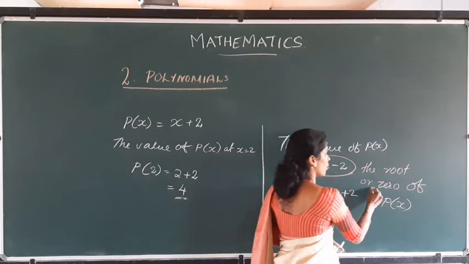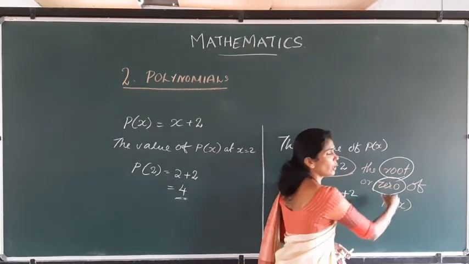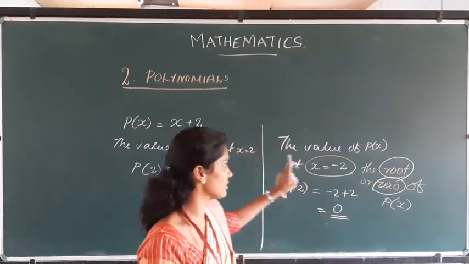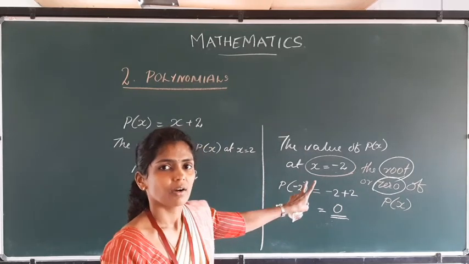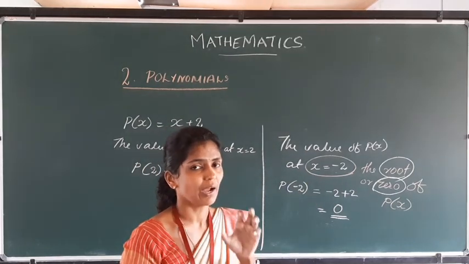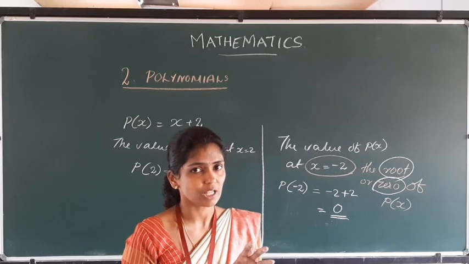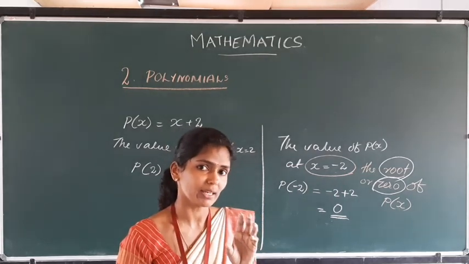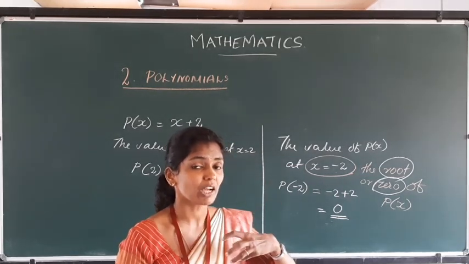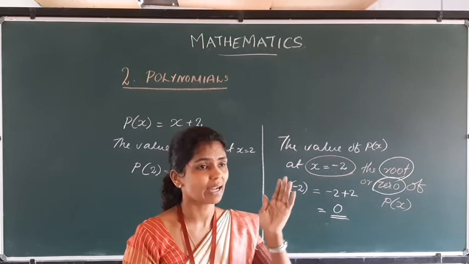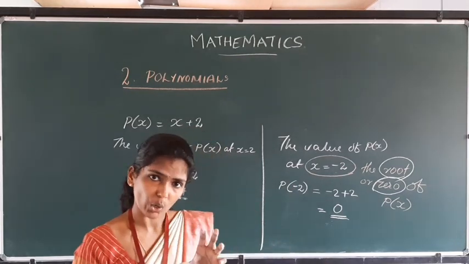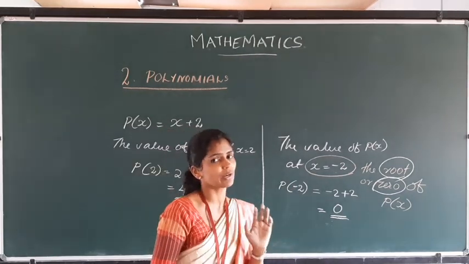If the value of a polynomial is 0, whichever value we substitute there, we call that number the root or 0 of that polynomial.